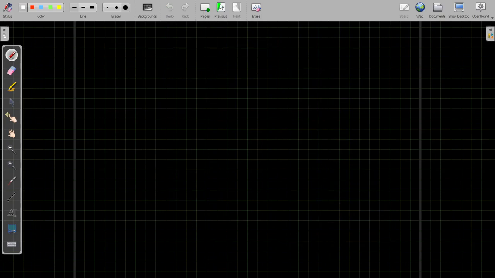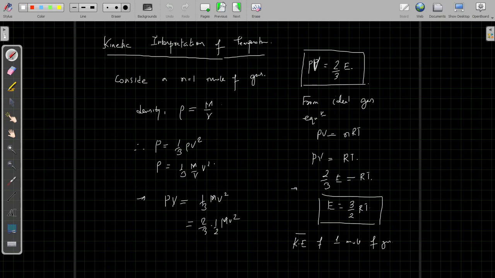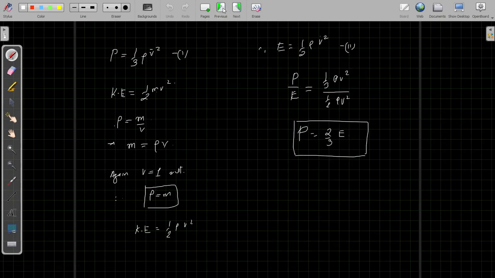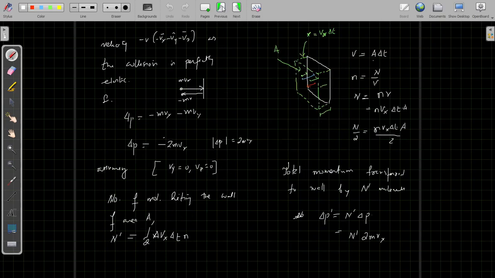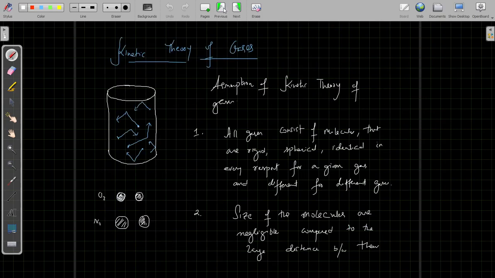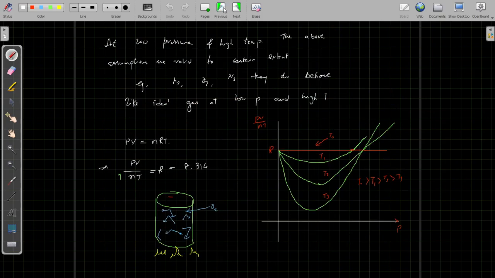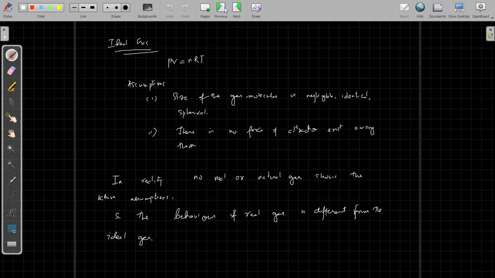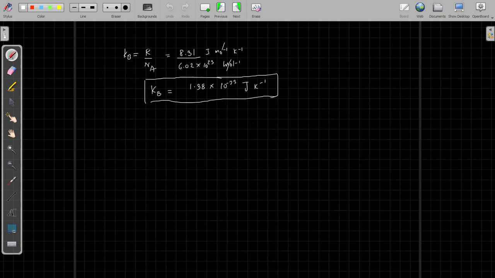Therefore, again, so we know R we have got. So what is R actually? Let us go back. You see, I have derived this relation earlier. R is equal to Boltzmann's constant into Avogadro's number.